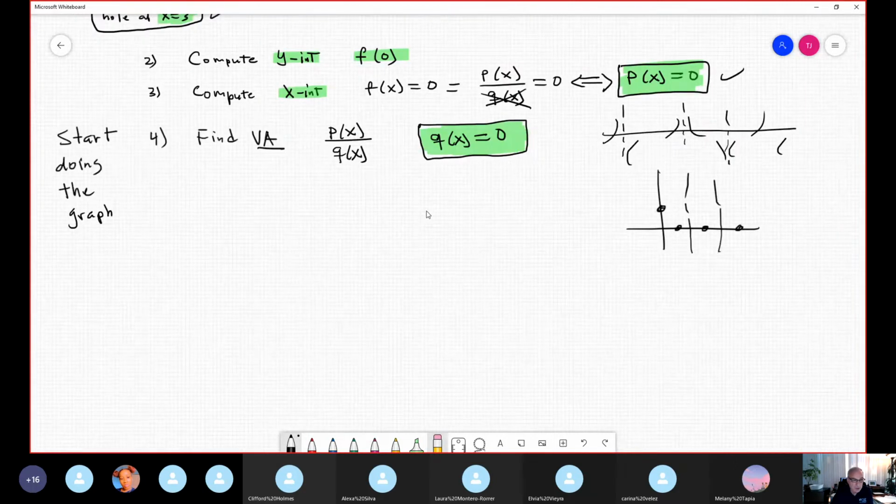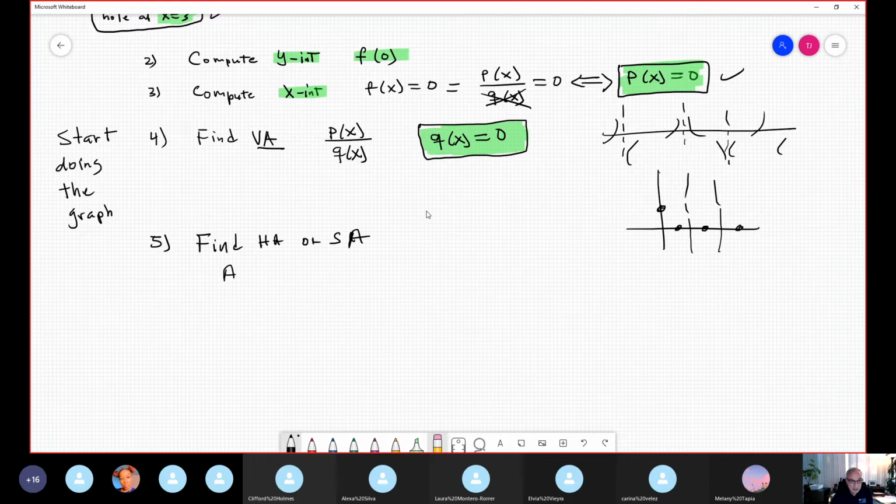Number 5 is the continuation, which obviously is find the horizontal asymptote or slant asymptote. What should I do? Well, you are doing the analysis of the degree. I want to repeat again, see, the degree is the same.